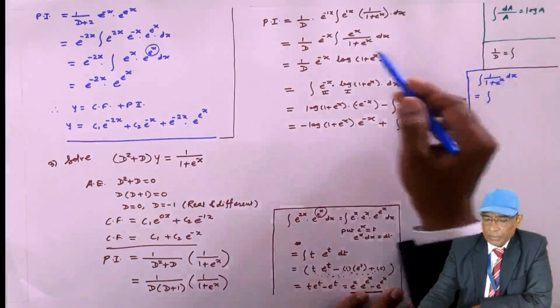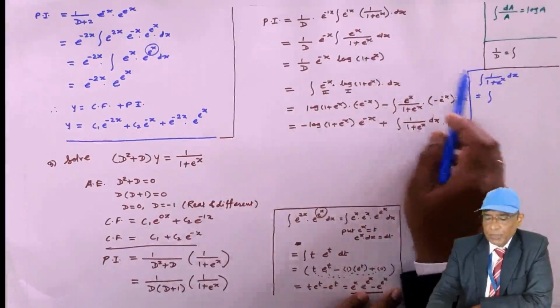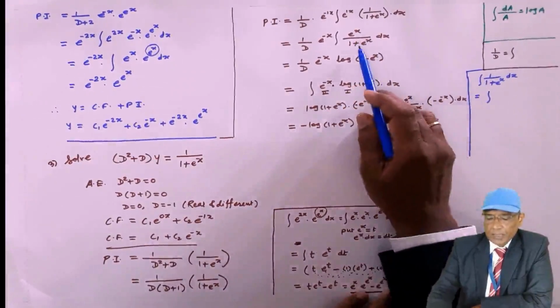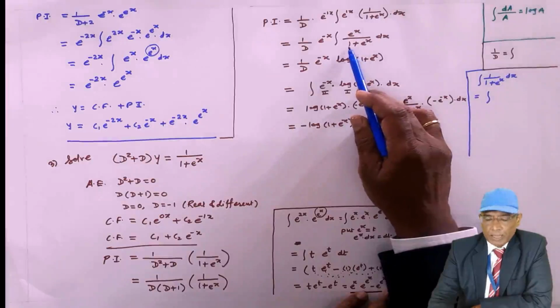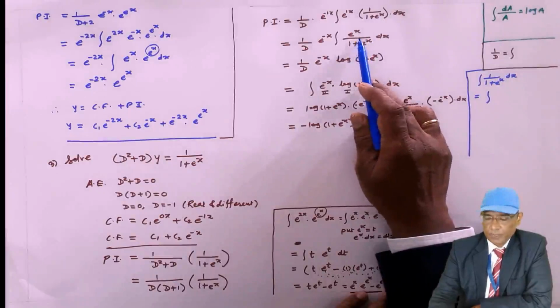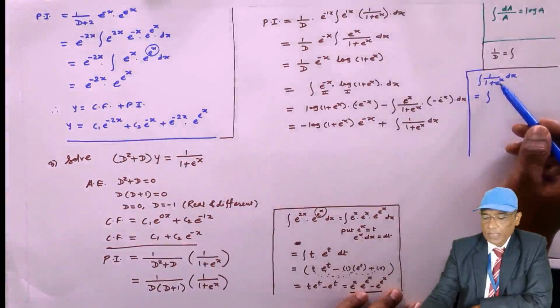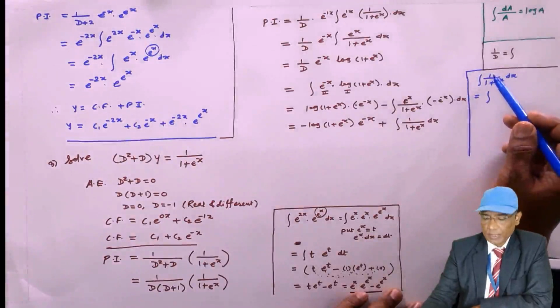But here also we have taken this type of integral. But what is the difference between these two integrals? In this integral, the derivative of 1 plus e to the power x is present in the numerator. But here, the derivative of 1 plus e to the power x is not present in the numerator.